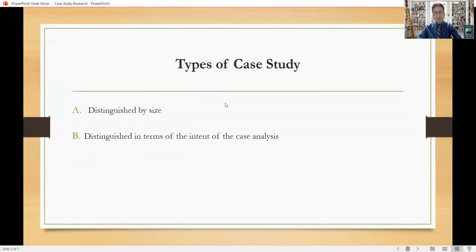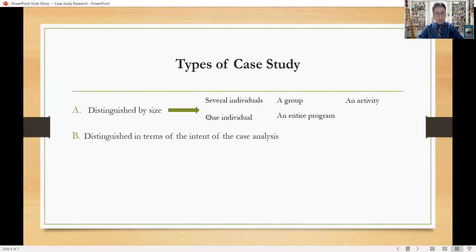In terms of types of the case study, we have several types, but here we have just two of them: distinguished by size and distinguished in terms of the intent of the case analysis. As examples of the first one, we can mention one individual, several individuals, a group, an entire program, or an activity.